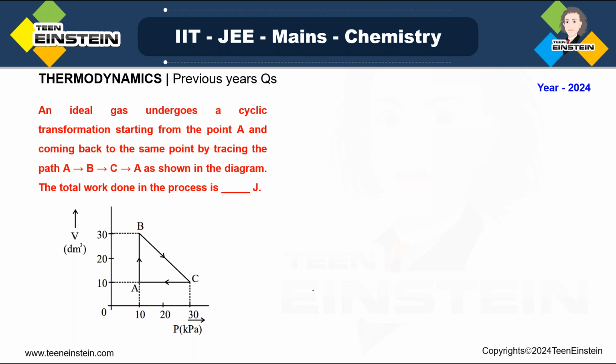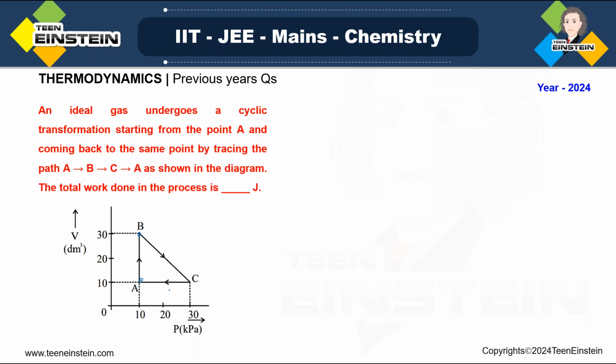Here we have a V versus P curve, right? P is given in kilopascal and V is given in decimeter cube. If you look at the direction, we are moving from point A to B in a clockwise direction.